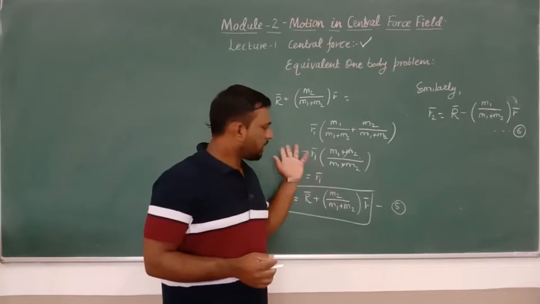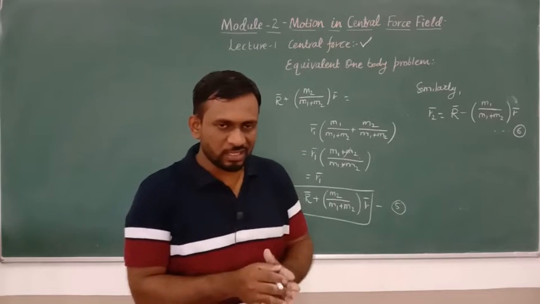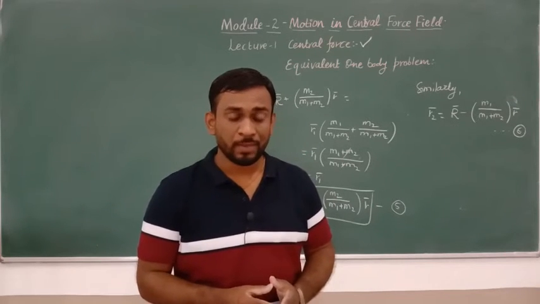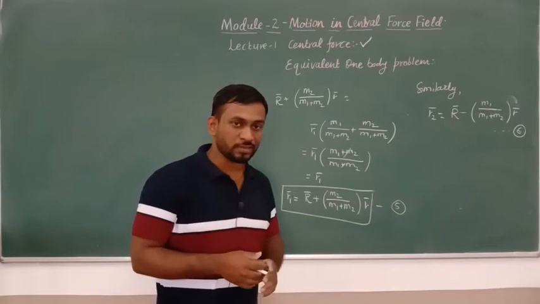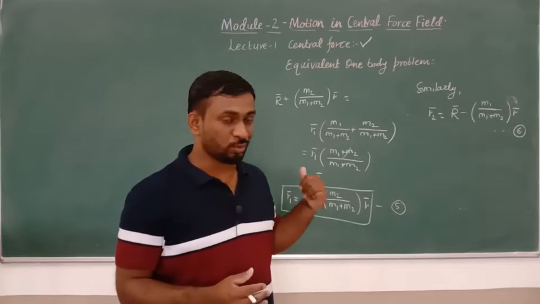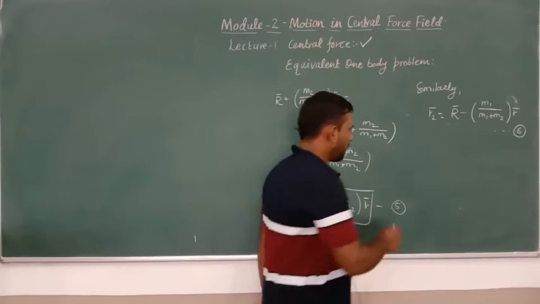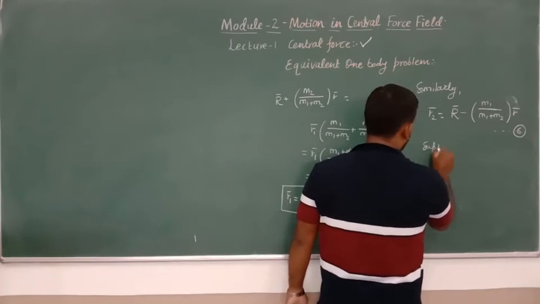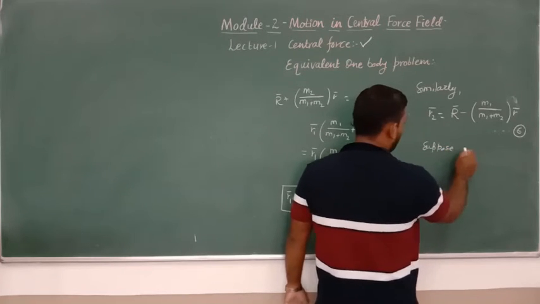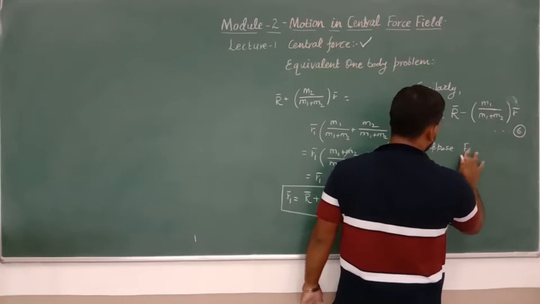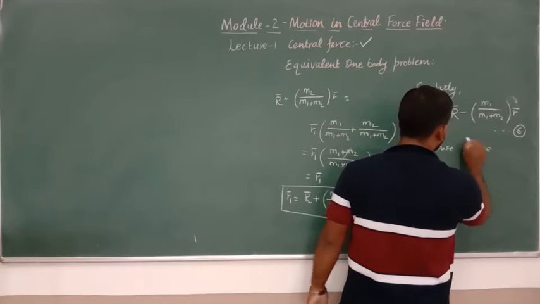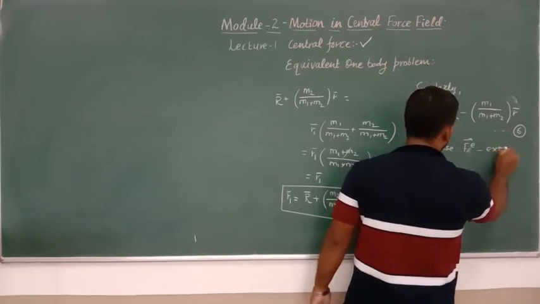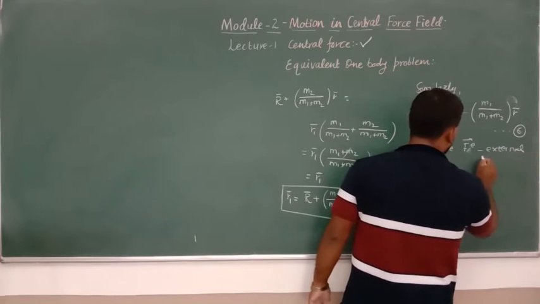Suppose the external force acting on this system of two particles is Fe. In that case, how to express the equation of motion for these two different particles? Suppose Fe is the external force acting on the system.